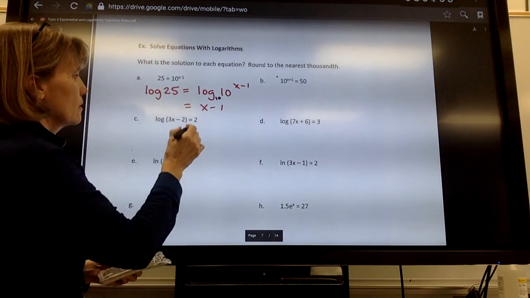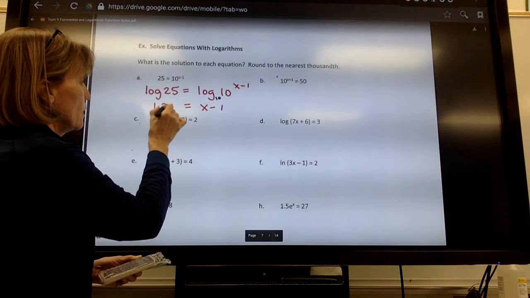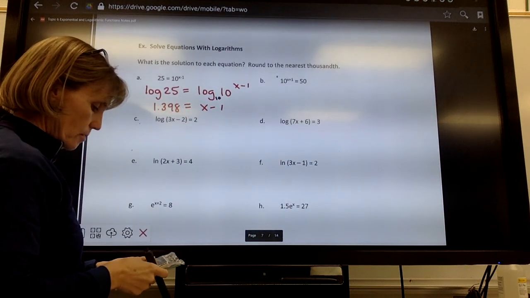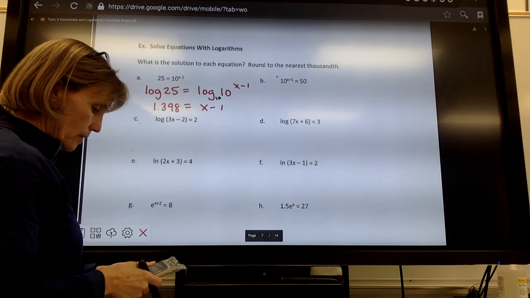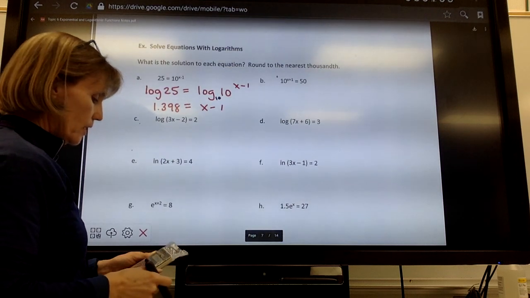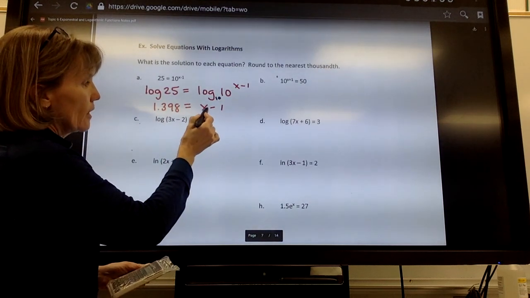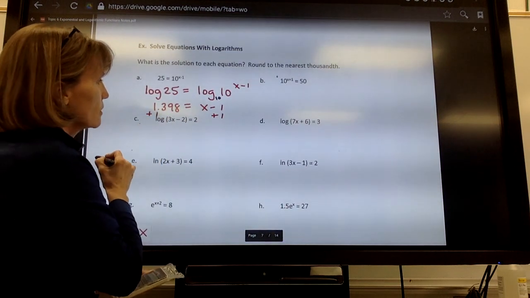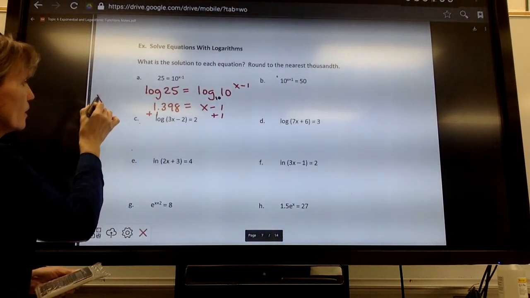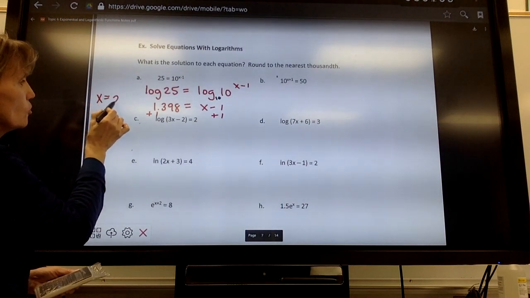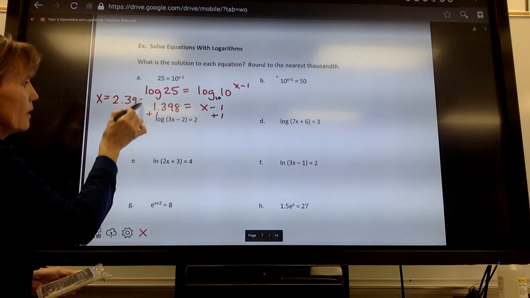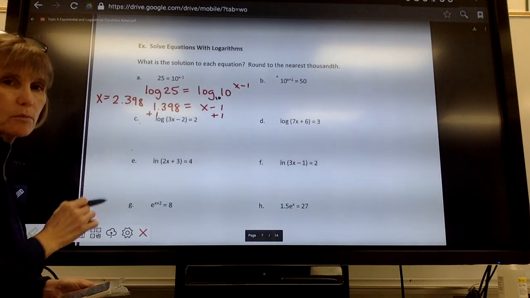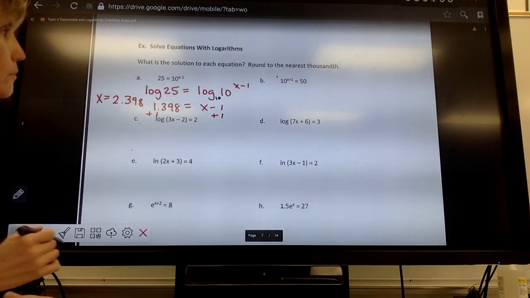Let me make sure I did that right. Yeah, 1.398. Then I'm trying to get x by itself, so the last thing I'm going to do is add 1 to both sides, and my solution is x equals 2.398. Make sure you line up your decimal point when you add 1.